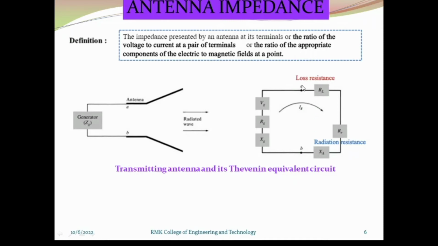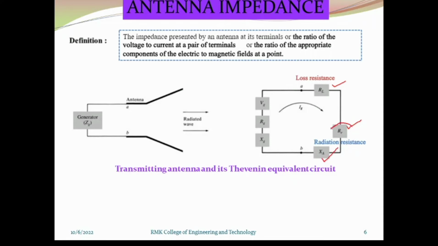So points A and B are the antenna terminal points, and before A and B are the generator points, right? These three components are very important to radiate the signal: RL loss resistance, radiation resistance, and the antenna reactance.